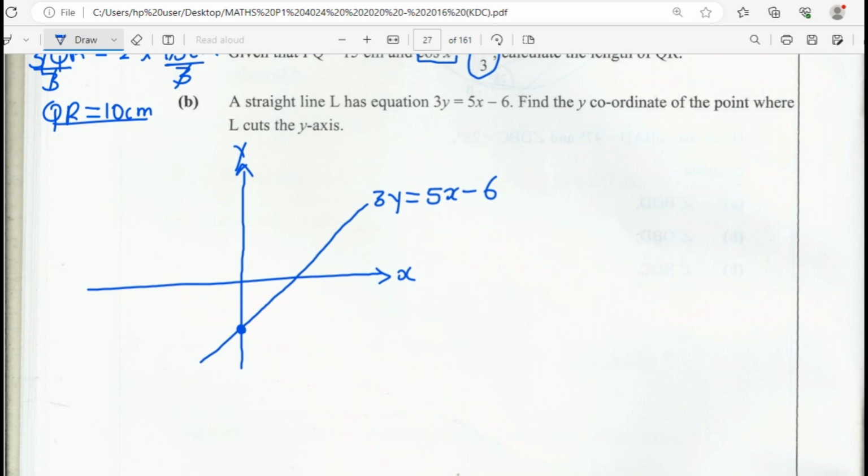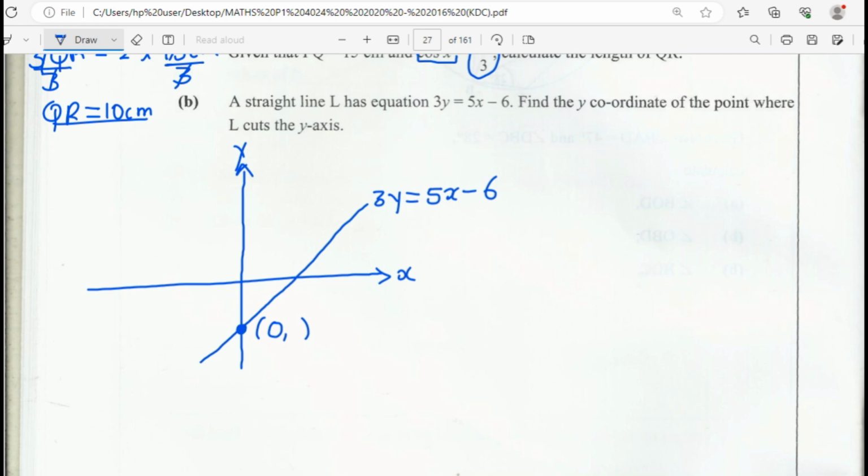So at this point, what coordinate is there? We know that on the y-axis, the x coordinate is always 0. So our work is to find the value of y. So what do you do?